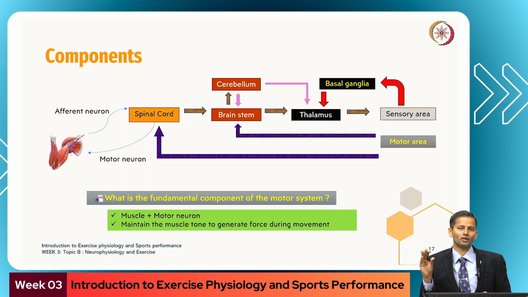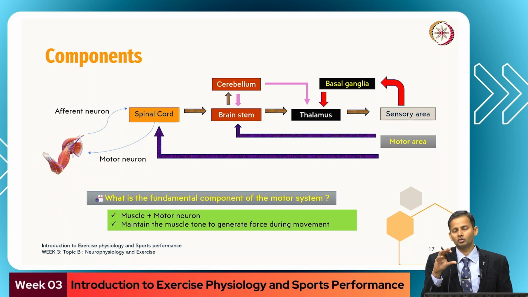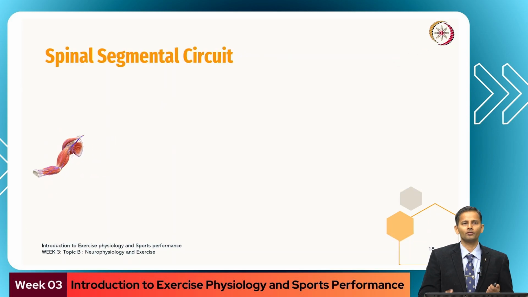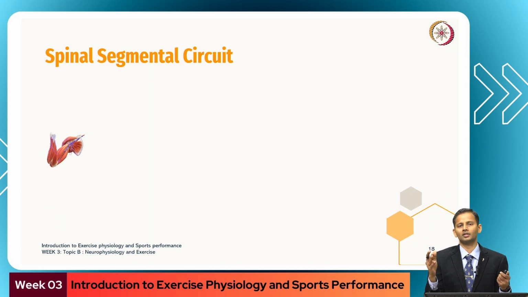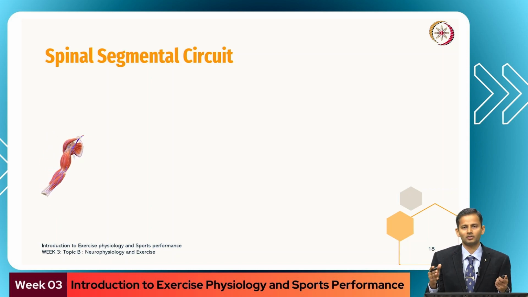The fundamental component, namely the motor neuron and muscle, are responsible to maintain the muscle tone and to generate force during any movement. So that is why a lesion of the motor neuron can cause reduction in the tone, which we will see subsequently. So we have different circuits based on the type of relay that happens here.